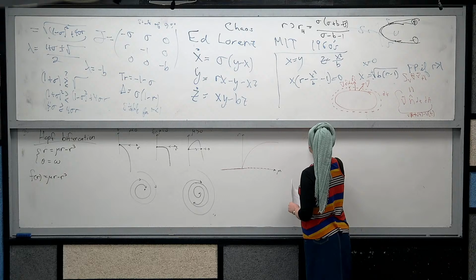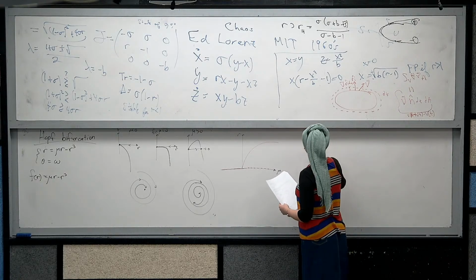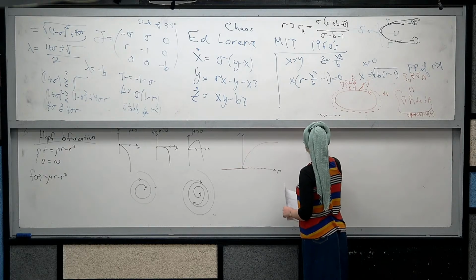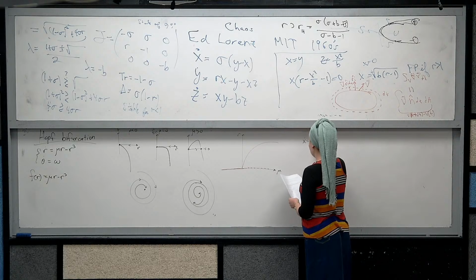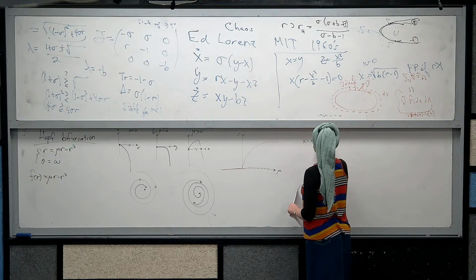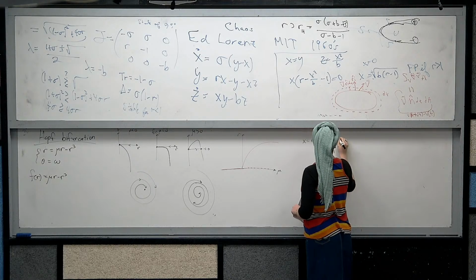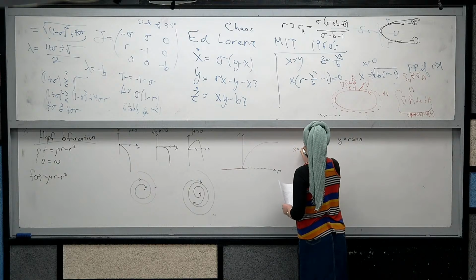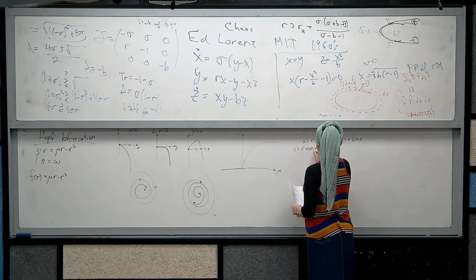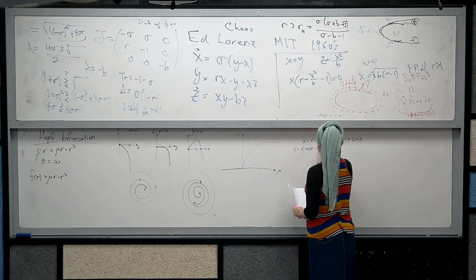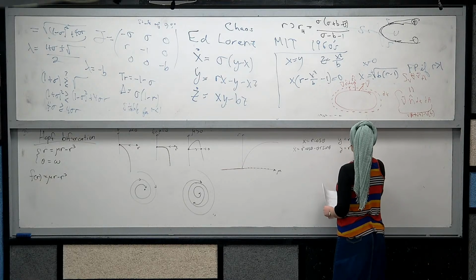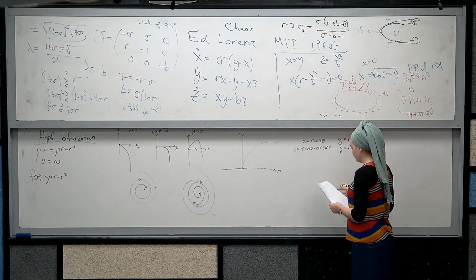We have x is r cosine theta and y is r sine theta.